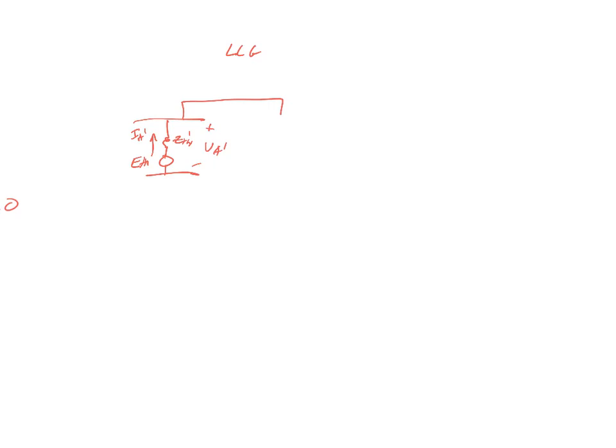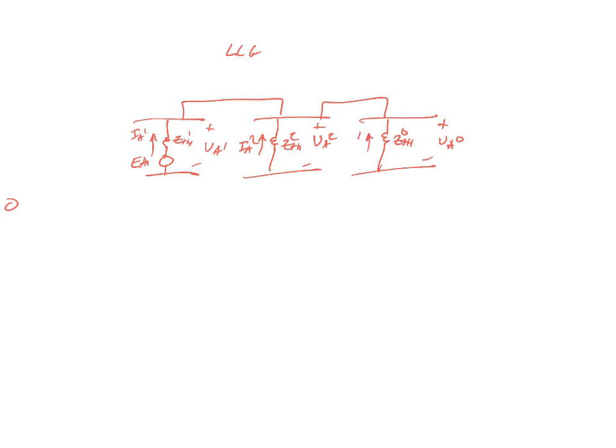In parallel with that is the negative sequence, Z Thevenin 2, plus to minus VA2, and this current is IA2. And then lastly, we have to include the zero sequence. So that's the difference between the line-to-line and double line-to-ground fault. We just have Z Thevenin 0 here, plus to minus VA0 and IA0.